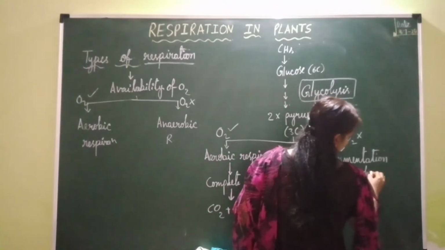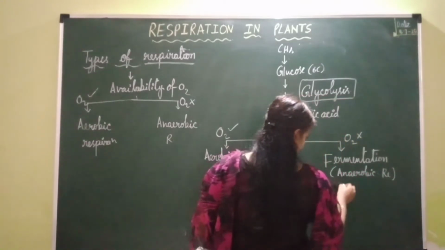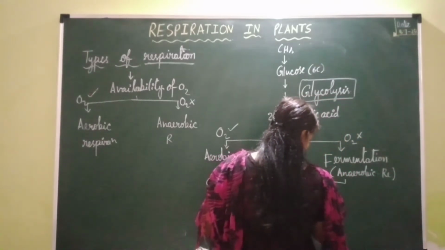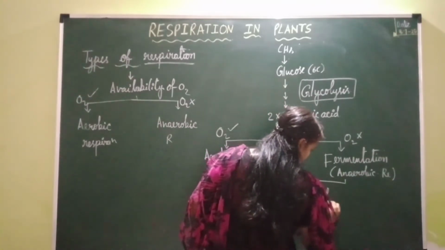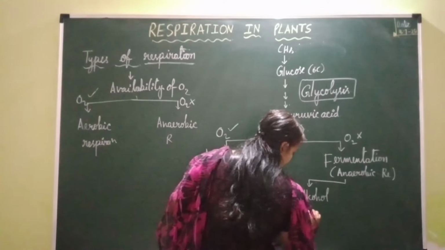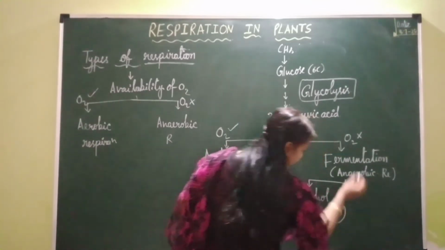So when pyruvic acid enters into anaerobic respiration, in the absence of oxygen, what happens? It will be converted into either alcohol or lactic acid. Alcohol plus carbon dioxide and very little energy is released.